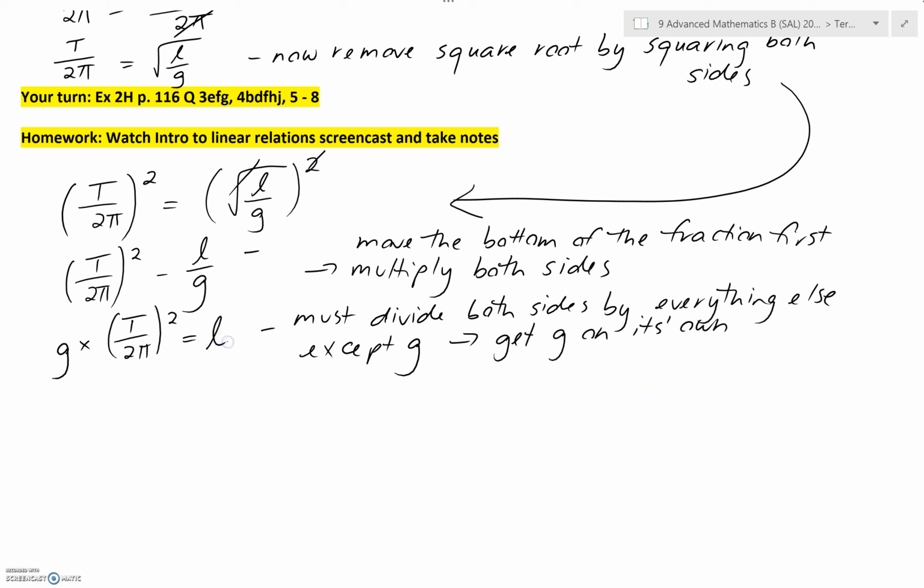Okay, so we are going to end up with g equals L divided by t over 2 pi all squared.